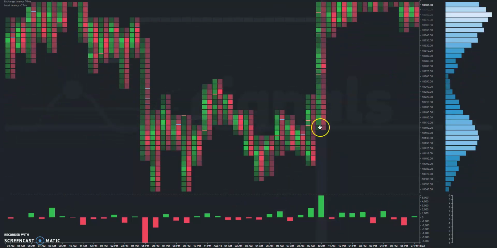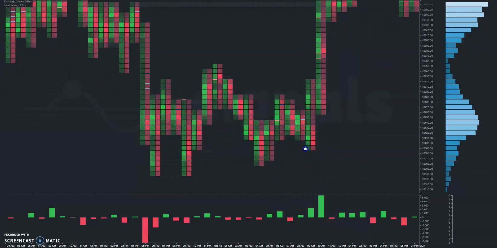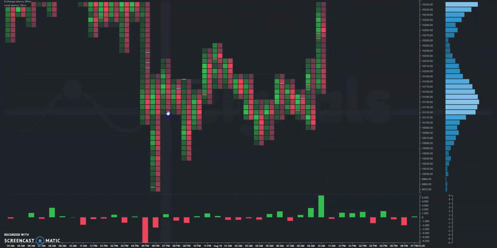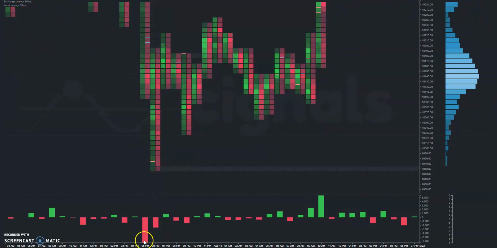Let's go back to this example here. You saw divergences pretty much immediately. The original move down, obviously you can see it was heavy. There was a lot of sell pressure and a lot of imbalance.